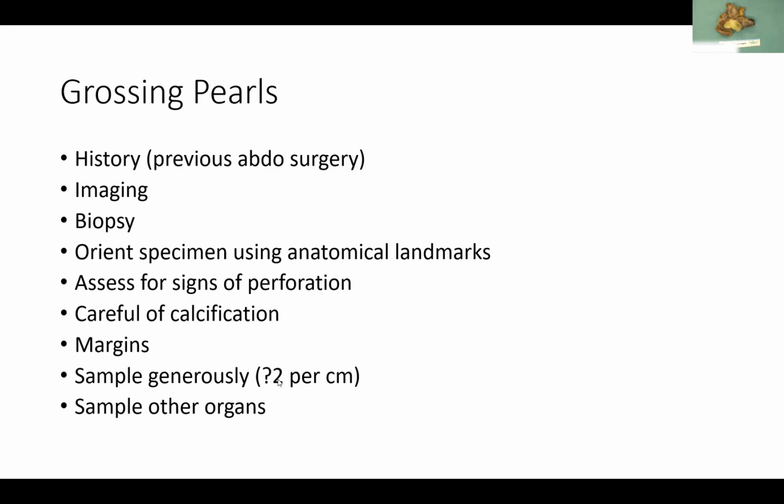And I just threw out this 2% rule that we usually ascribe to ovarian mucinous neoplasms. But I think, again, in a case like this, most people would probably be more comfortable submitting everything in total, recognizing how messy and extensive that would be. But I think just because we're looking for those malignant epithelial cells and where they are, that would be very important. And of course, do not forget the other organs.